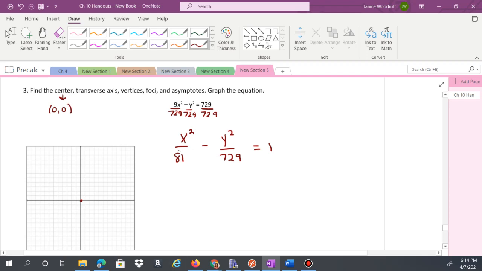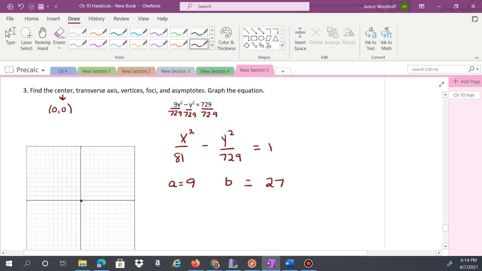Okay, we have A and B. x comes first, so this is going to be just like the last one. So A squared is 81, which means A is 9, and then B squared is 729, which makes B, thank you, 27. Not B squared, just B. Okay, so we have A, B, we need the vertices. So vertices are going to be A. We know that in an x squared, we're opening left and right. So here we're going to go out 9.